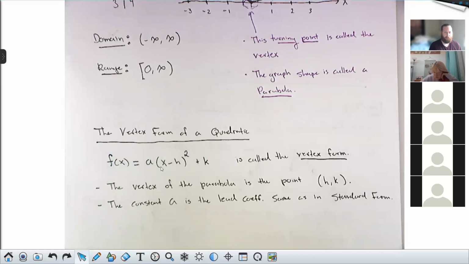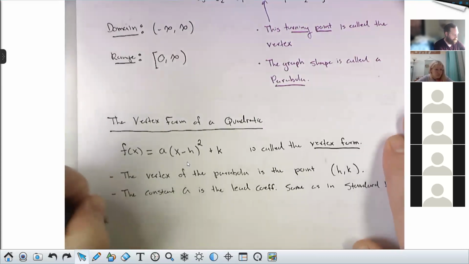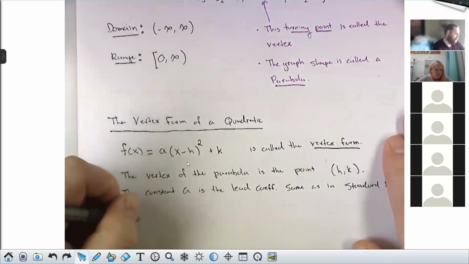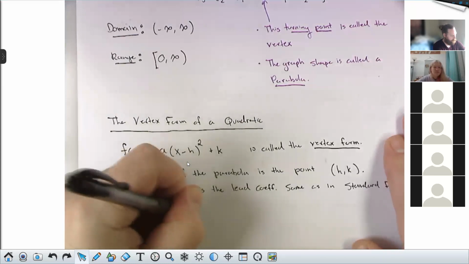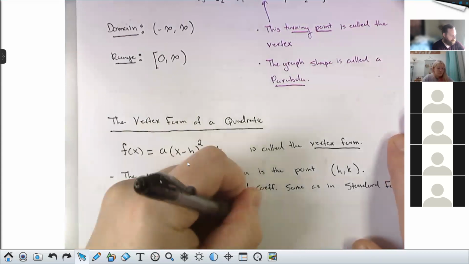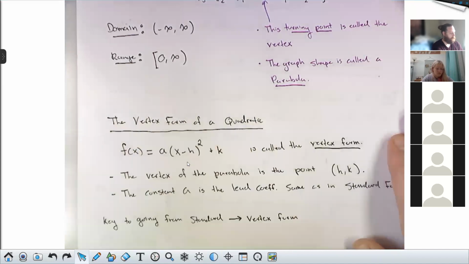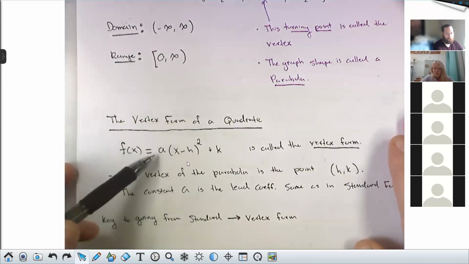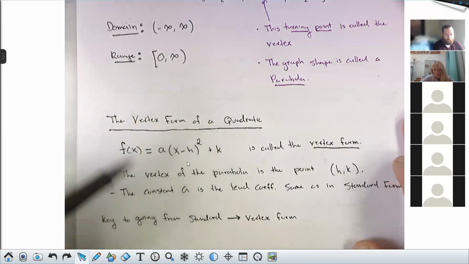The magic, the key to going from standard into vertex forms. Well, what do you need? If you're in standard form, then you already know a. a is the lead coefficient, same as in standard form. What you need are h and k.